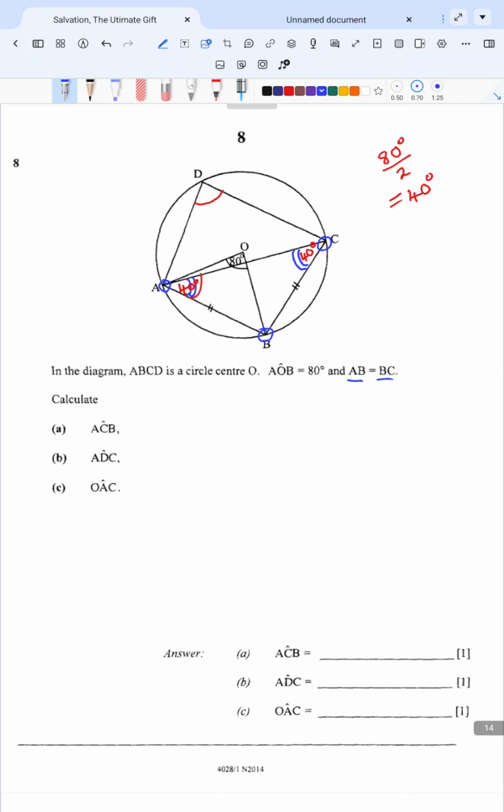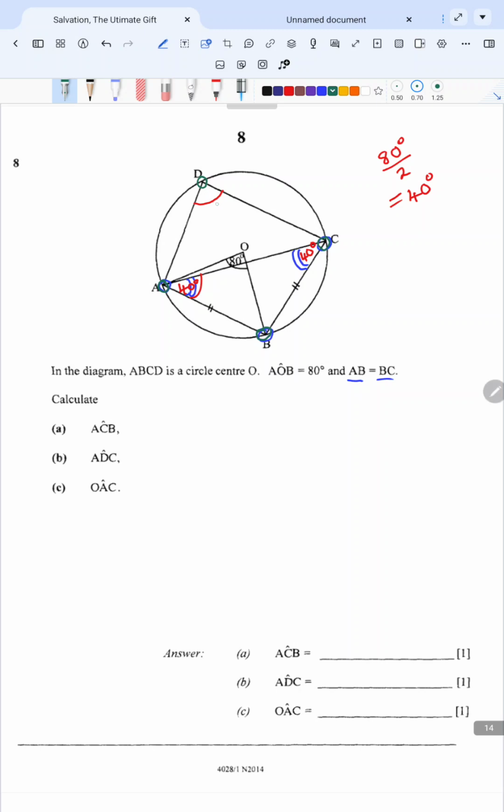A cyclic quad is a shape with 4 sides and all the 4 vertices of that shape lying on the circle. So you can clearly notice that angle D, angle A, angle B, and angle C, all the 4 angles, are lying on the circumference of the circle, which qualifies ABCD to be referred to as a cyclic quad.